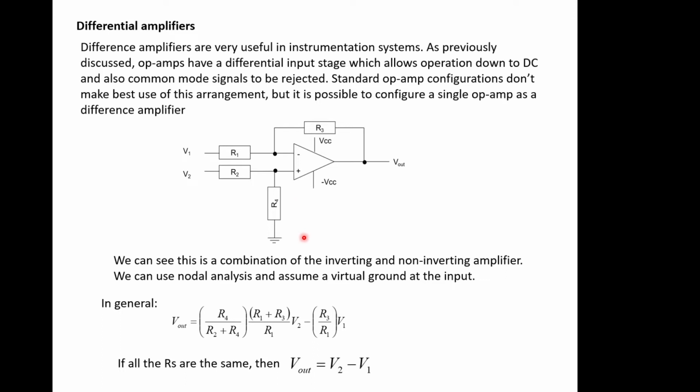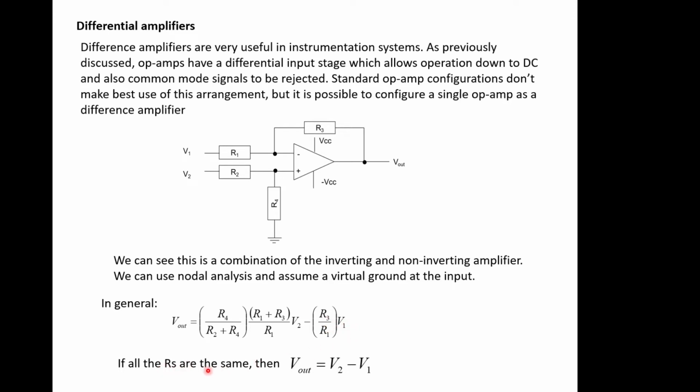You can analyze this by superposition, or by nodal analysis. There are various different ways of doing it. I think we probably did it in the first year. But in general, V out is equal to a collection of resistances multiplied by V2, minus the ratio of these resistances times V1.